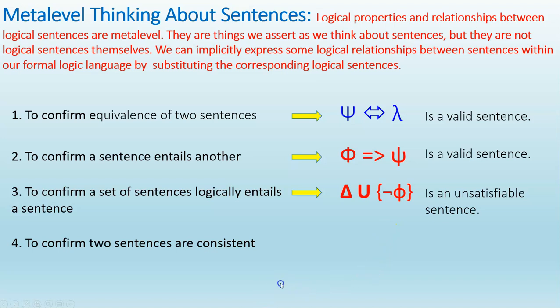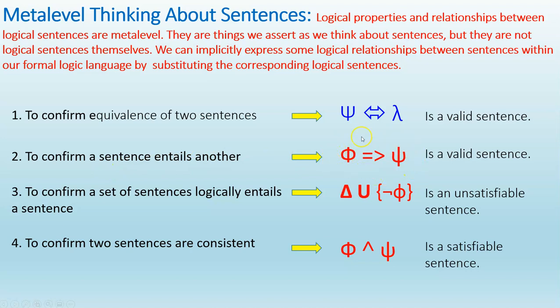To confirm two sentences are consistent, it's actually pretty simple, or at least I think it is: if the conjunction of the two sentences is satisfiable. Okay, so here we've gone from using meta language about the logical sentences. We can now implicitly express those logical relationships between sentences using our formal logic language, substituting in the corresponding logical sentences. You want to talk about equivalence? Here's the logical sentence to talk about. You want to talk about entailment of one sentence by another?